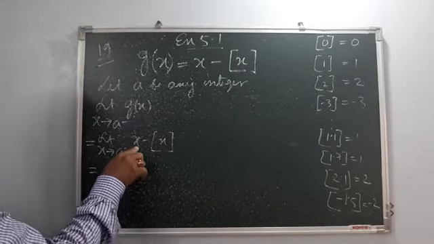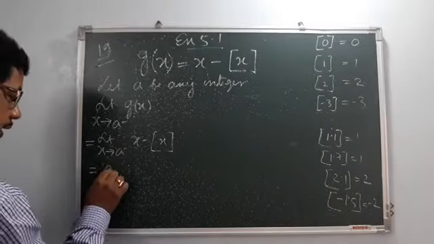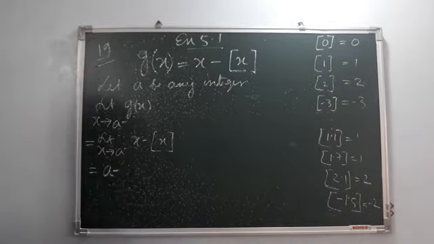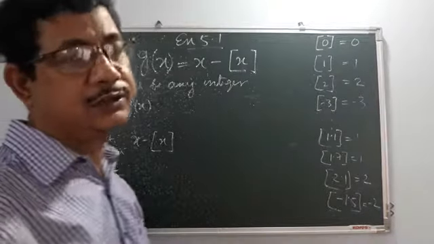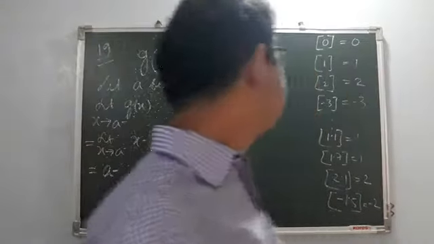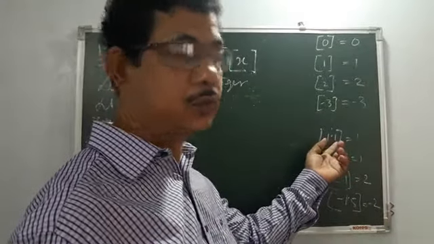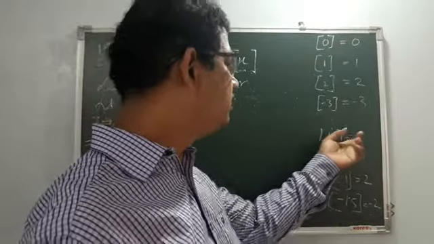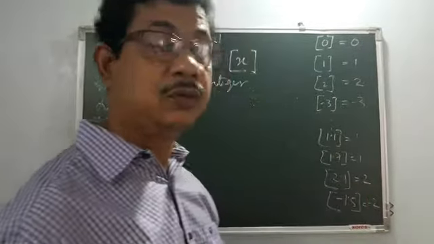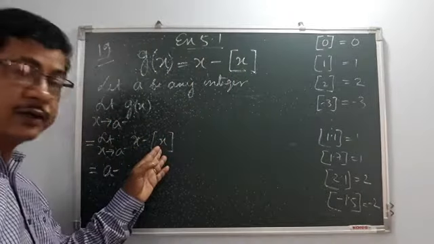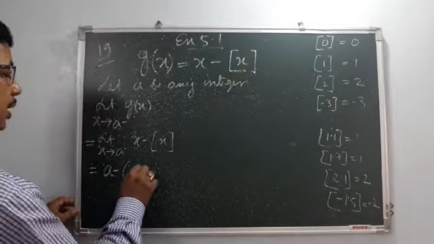Now if we take the limit, we would put a here, but if we put x a little less than a, suppose it is less than 2, then the value is 1; less than 3, the value is 2. So if x is a little less than a, its value will be a minus 1.